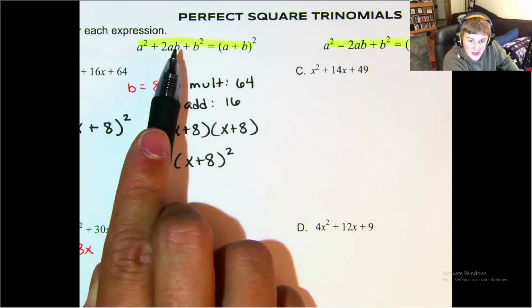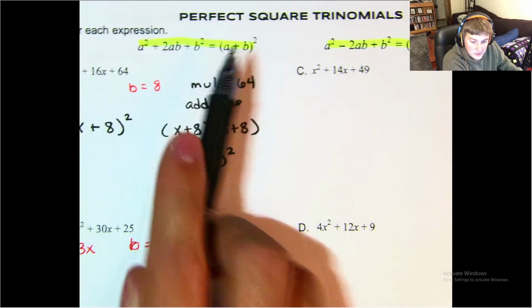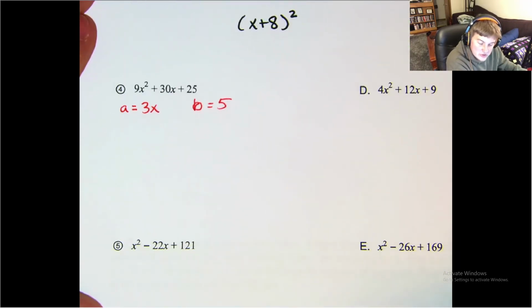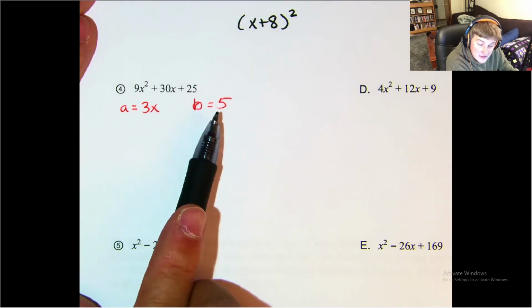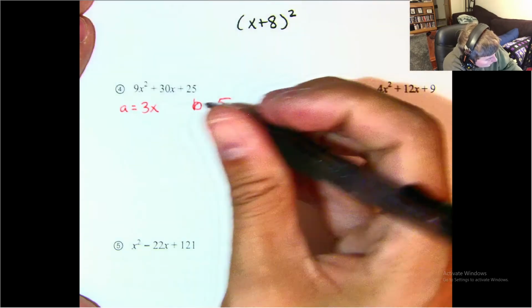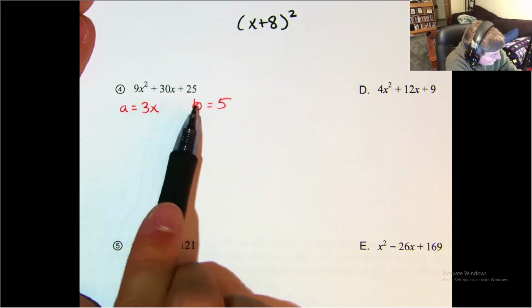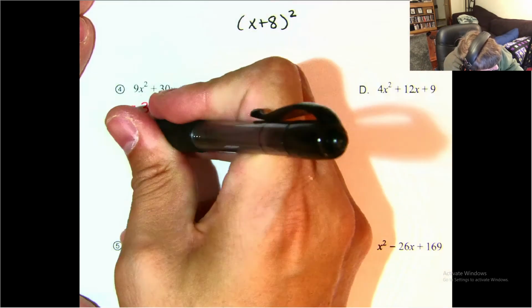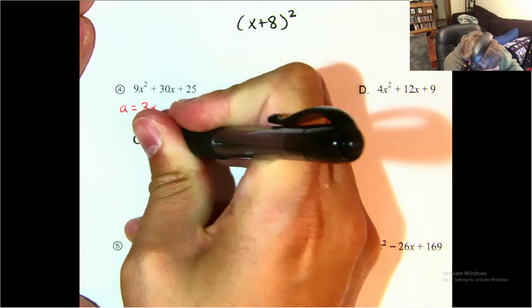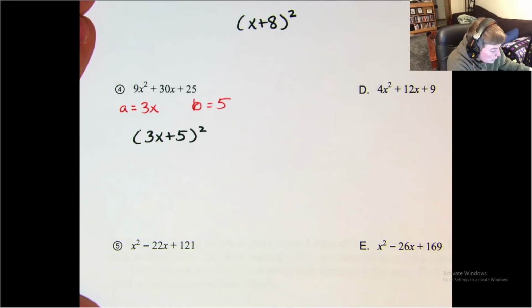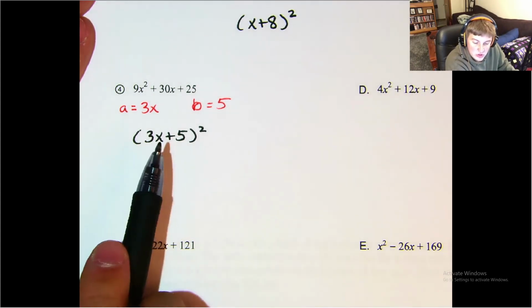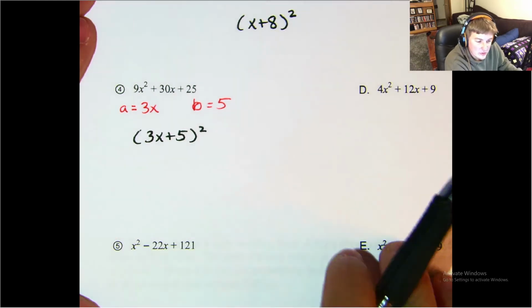If it follows this pattern, then it's just going to be a nice perfect square. So 2 times 3x is 6x. 6x times 5 is 30x. So that means this indeed does follow the pattern, and this is going to factor into 3x plus 5 squared.